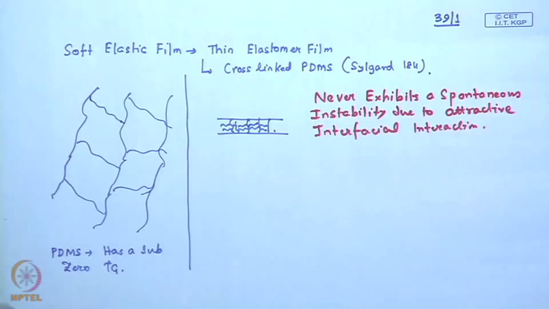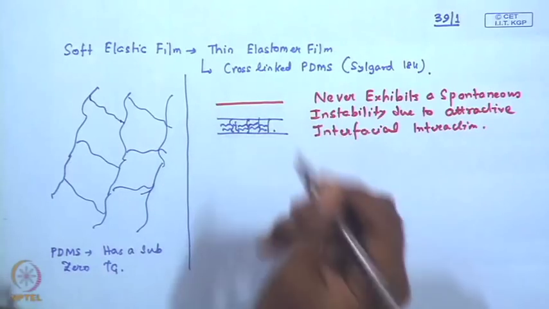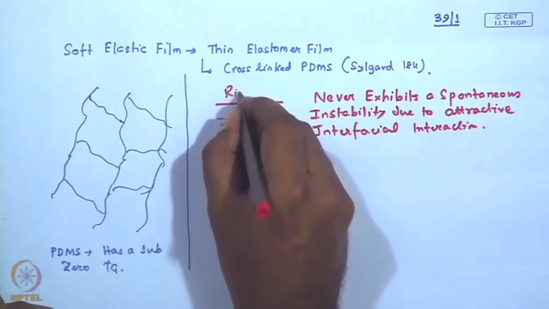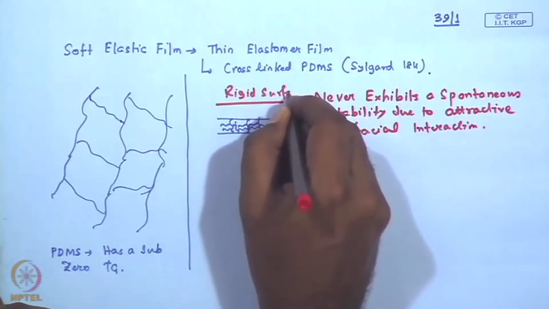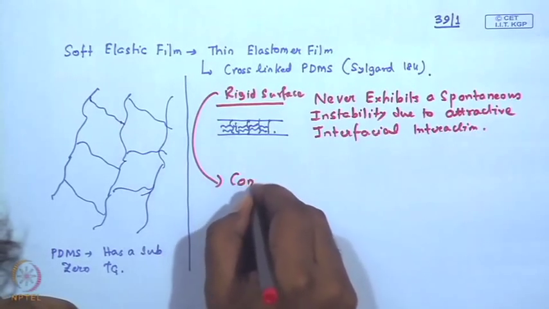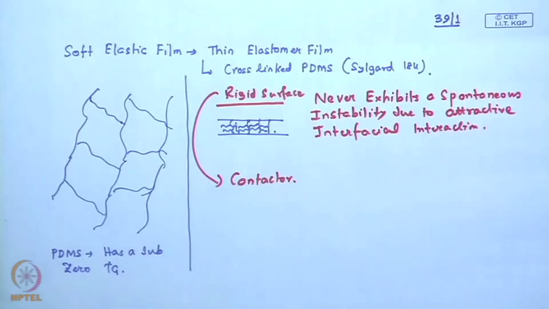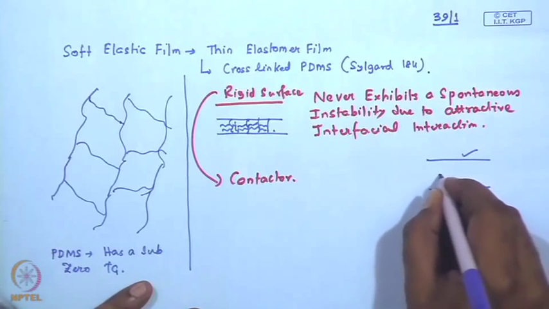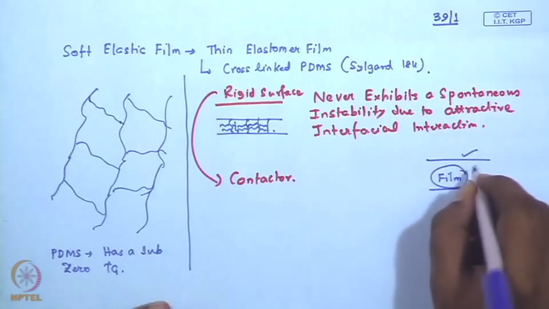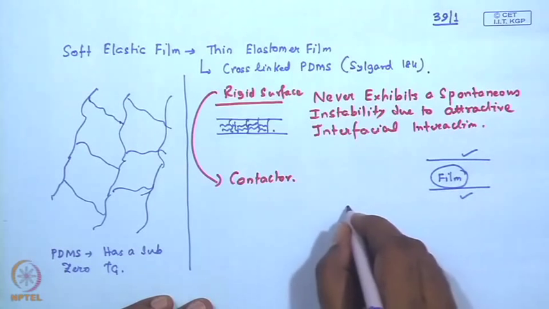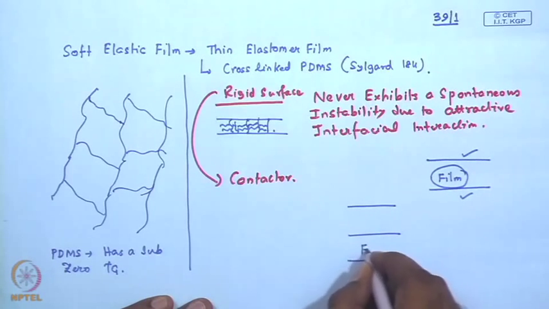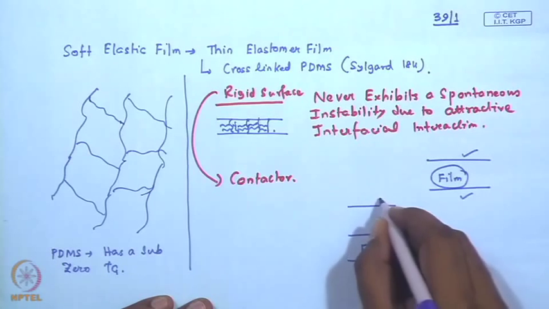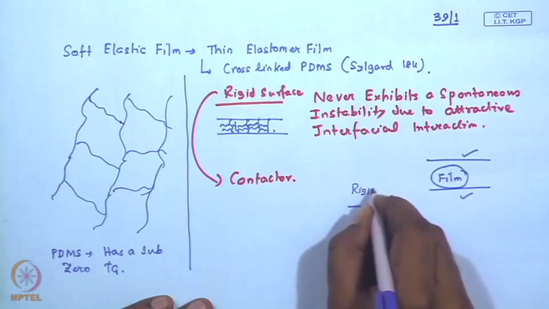However, what is seen is that if you take such a film in close proximity to another rigid surface, which we will refer to as the contactor, then below a critical separation distance between the two, something happens. Instead of talking about the interaction between the two interfaces of the film as we have so far, we are now talking about the interaction between the free surface of the film and another rigid contactor.